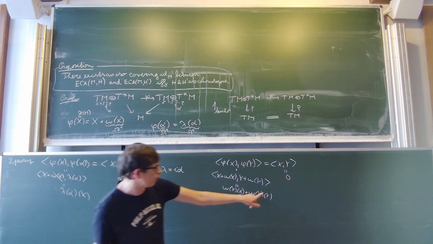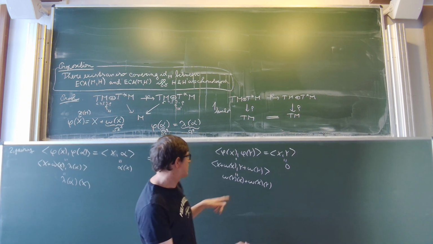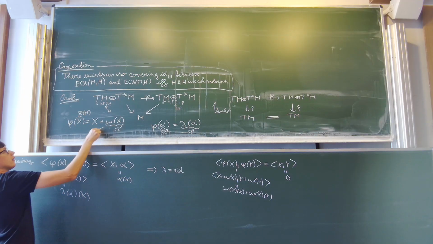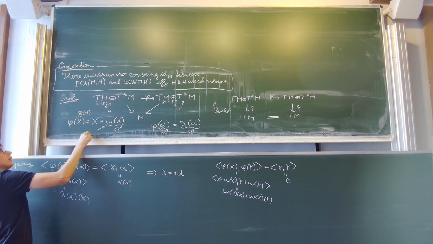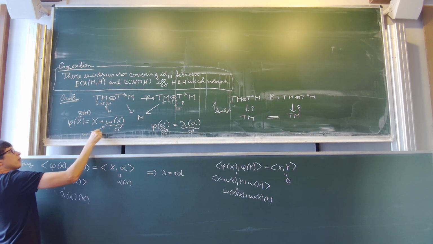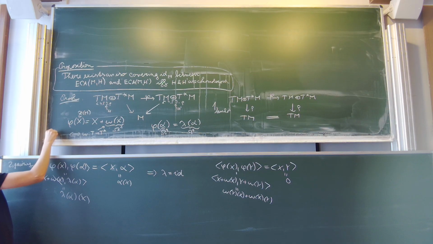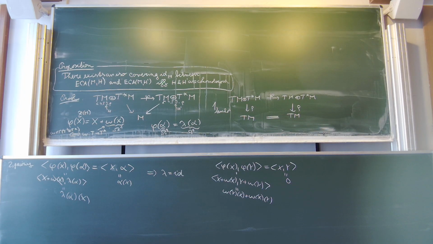And you see that the fact that this has to be 0 means that this omega, which in principle in this picture was a map that, how did we call it, took a vector and produced a one form, which is the same as to say that it was a section of T star tensor T star. Okay, so it's a covariant 2 tensor.